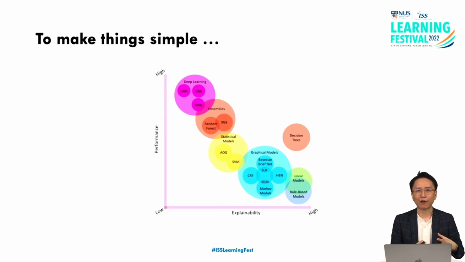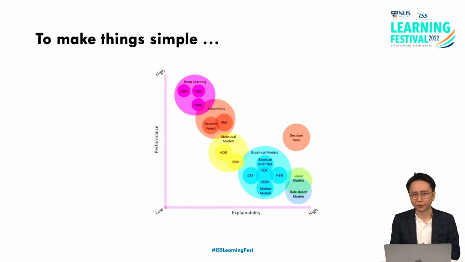And here we have a chart that shows the explainability of some algorithms versus the performance of those algorithms. From the chart, we can see that AI methods such as the rule-based model, which is in the purple circle, and the linear model, which is in the green circle, have the highest explainability, but almost the lowest performance or accuracy in usage.